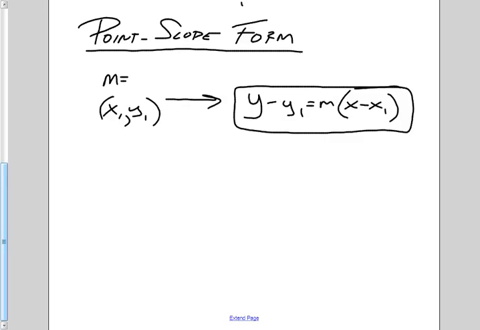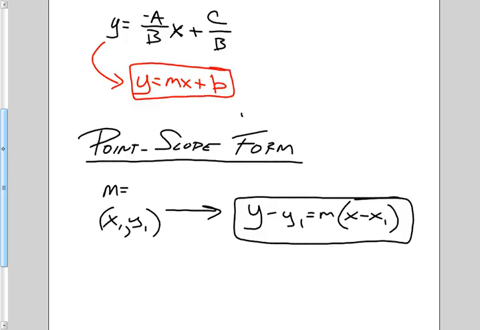Now, people get confused, why do I have multiple x's and y's? Well, the big X, the x and the y without the number on it, simply correspond to these x's and y's. They represent every point on the line. These, with a little number, represent a very specific point that happens to be on that line. So there is a little difference there.